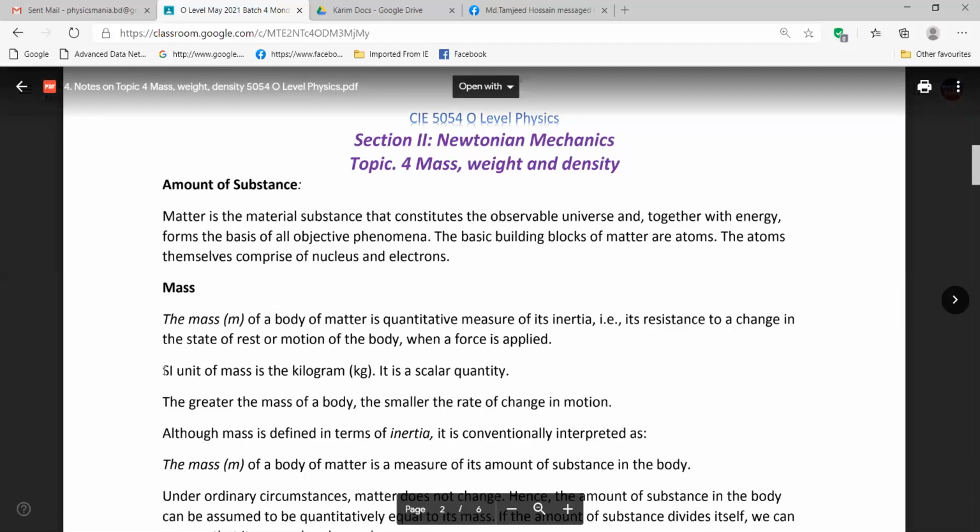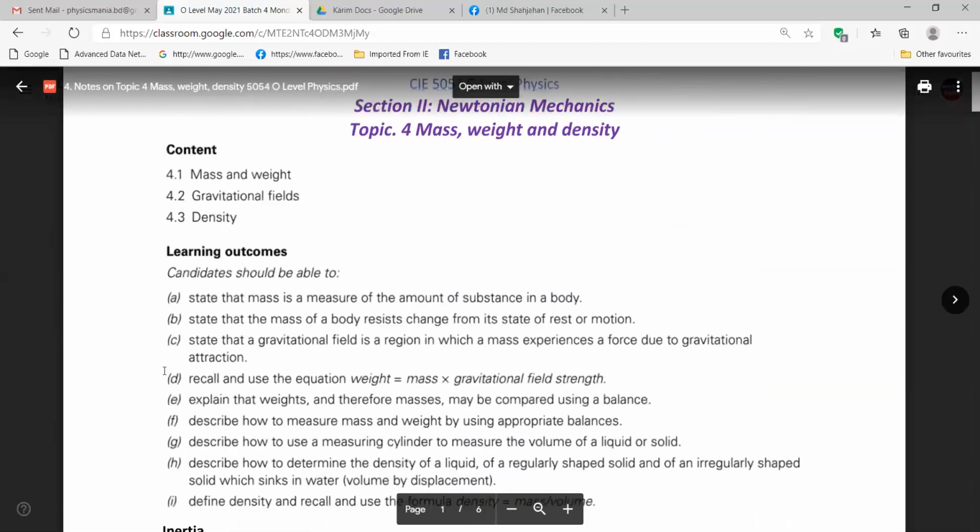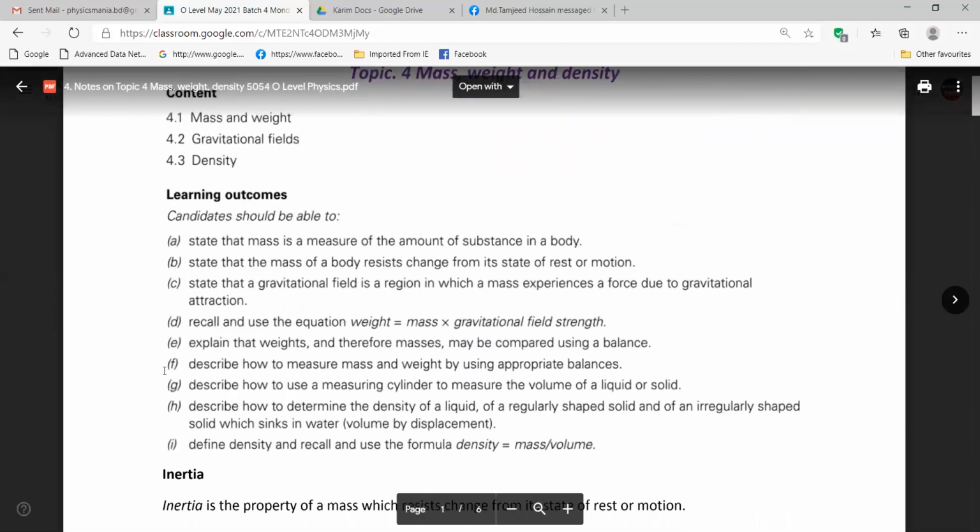Now we are going to see the learning outcomes again. Sir, if in O level they just ask what is mass, what should be my answer? Both. You can answer the first one, but sometimes in MCQ questions, they are also giving the definition regarding inertia. That time, if you don't know the definition, you cannot answer.